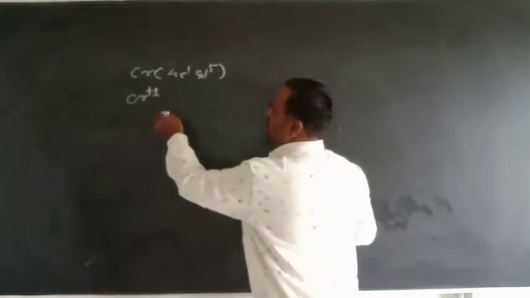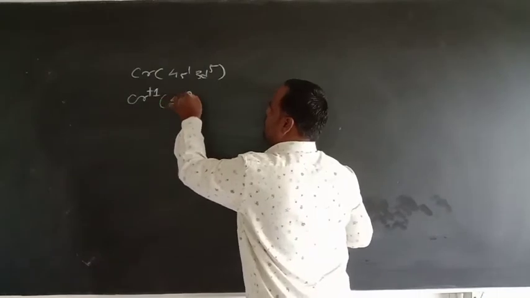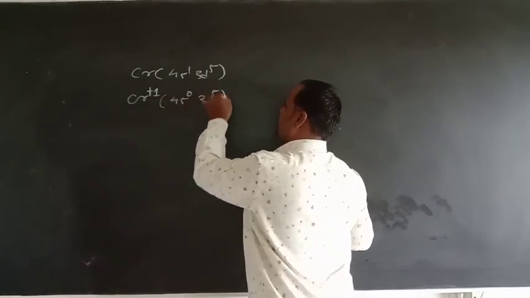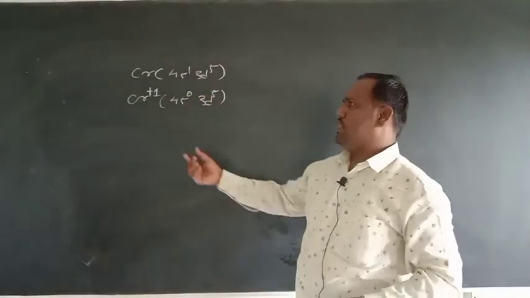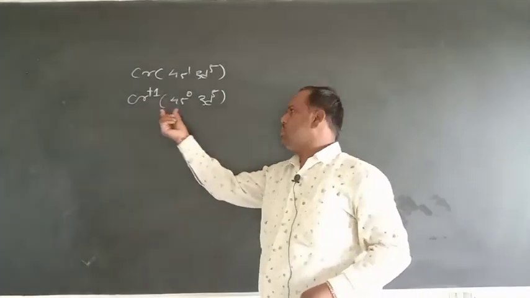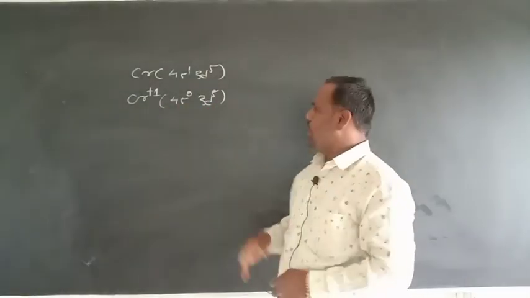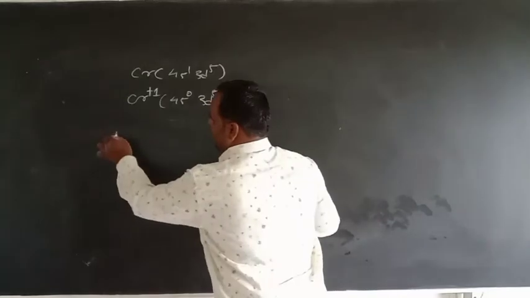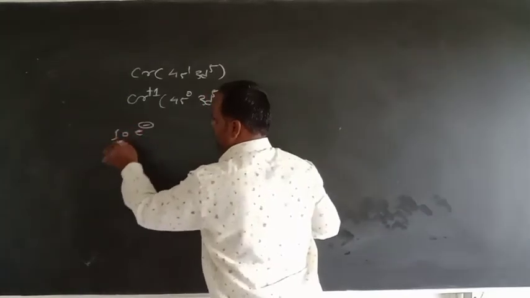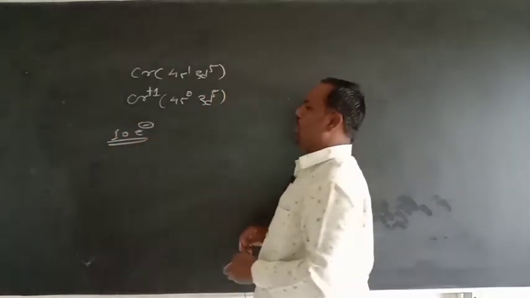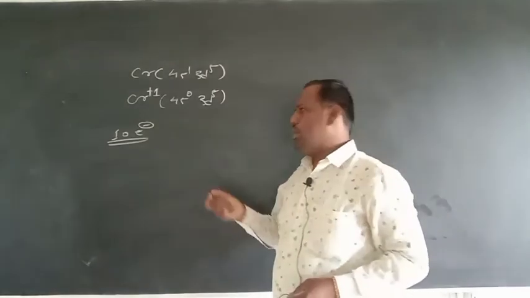So chromium in +1 is 4s0 3d5. Another chromium is also in +1 oxidation state and also contributes 5 electrons, so a total of 10 electrons are available for metal-metal bond formation.